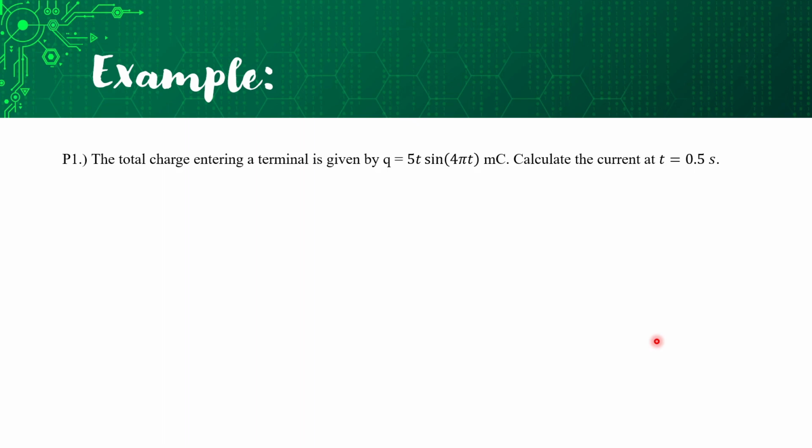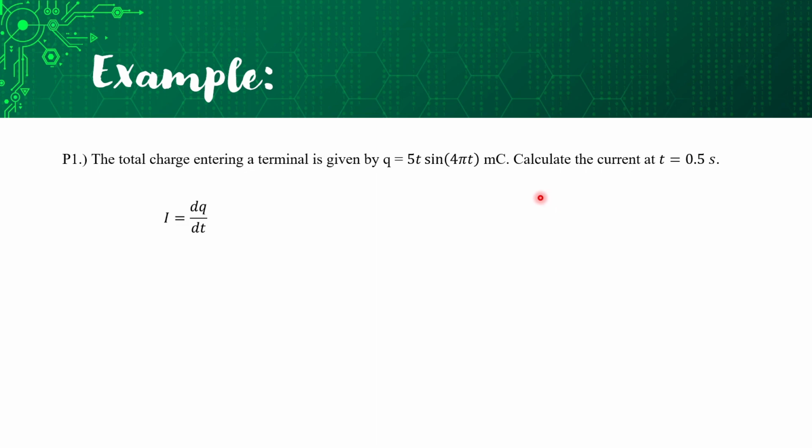So for example, using the equation for the current, the problem is: the total charge entering a terminal is given by Q is equal to 5t sine 4 pi t millicoulombs. Calculate the current at t is equal to 0.5 seconds. So how to calculate this?